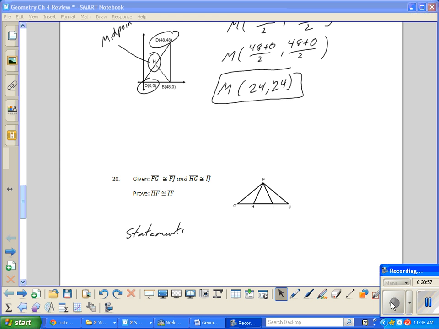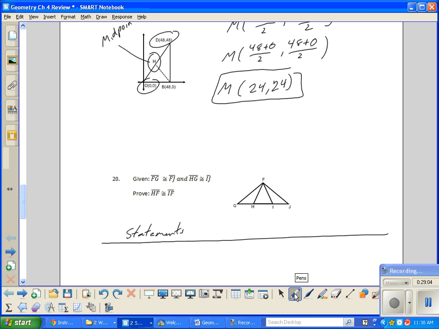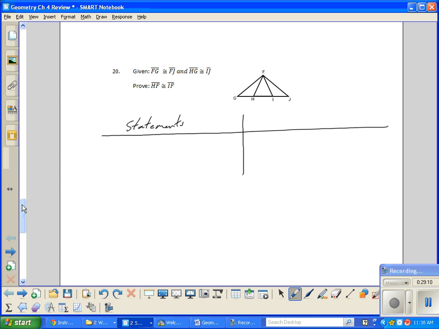Alright, so here we have a proof that we're wanting to prove that side FH is congruent to IF based on the given that FG is congruent to FJ and HG is congruent to IJ. So I'm going to go ahead and mark those congruent. FG is congruent to FJ and HG is congruent to IJ.